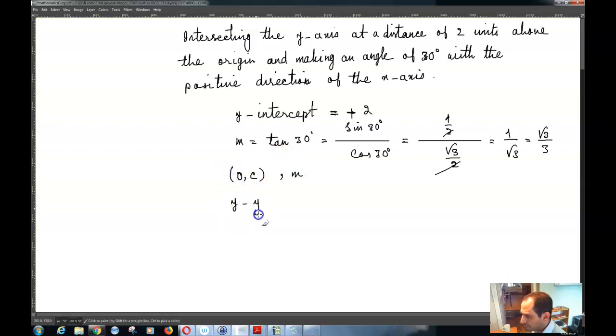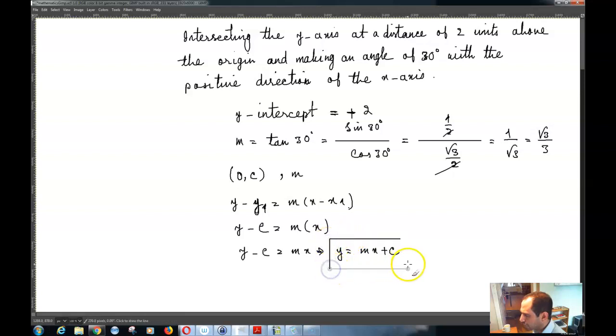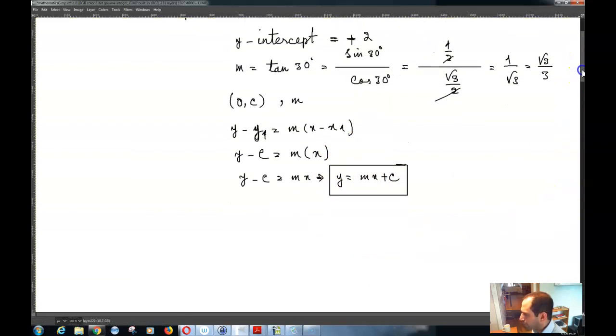So then you have y minus y1 is equal to m times x minus x1, and you can write y minus c is equal to m times x, so y is equal to mx plus c. That's the way that you write the equation of a line when you have the y-intercept of the line, meaning that c is the y-intercept.